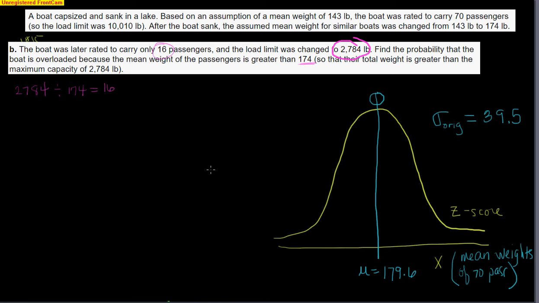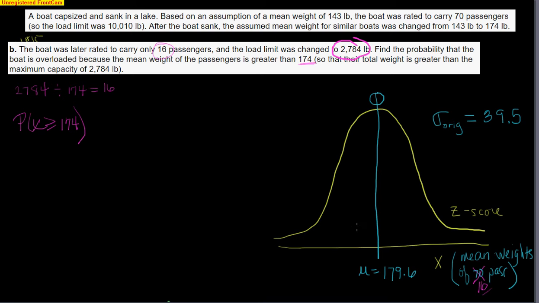That's not so important other than to explain where it's coming from, but what we actually have to figure out is what is the probability that X, or our group, will be greater than or equal to now 174 pounds. A couple things we need to change now. This is no longer the mean weights of 70 people. This is now the mean weights of 16 people.